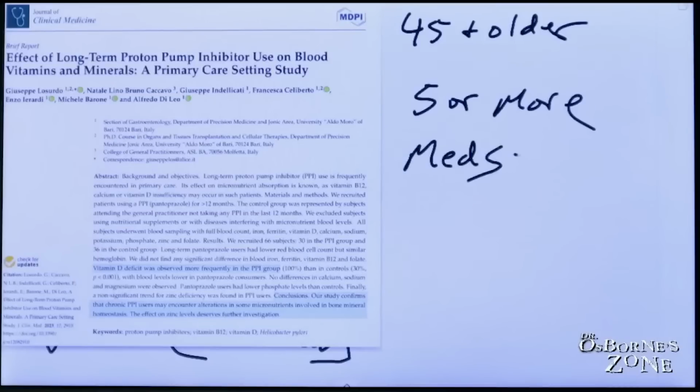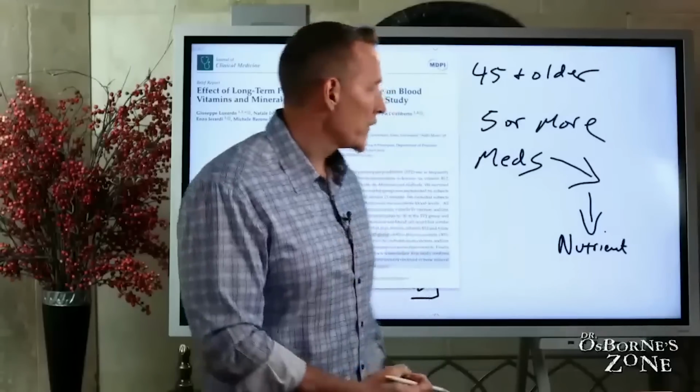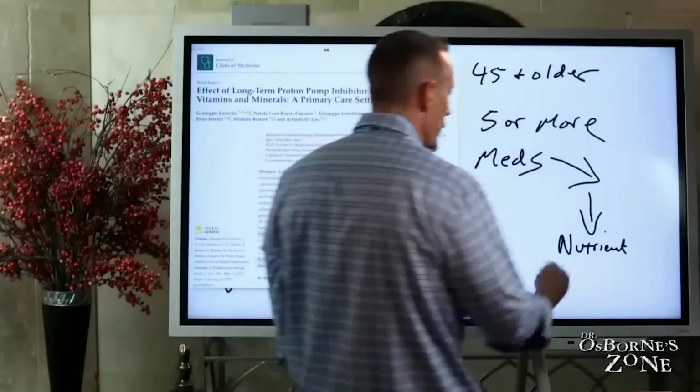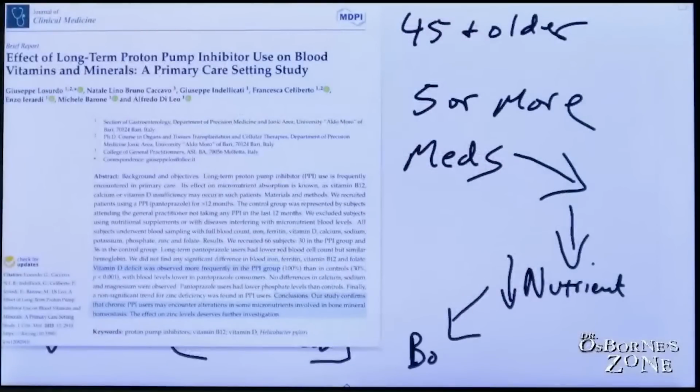Okay, so now we've got this spiral down of nutrition deficit. Now in this case, vitamin D and zinc, but you've also seen tonight evidence of calcium deficiency and potassium deficiency and other nutrients, B vitamin deficiencies. Now, in this case, these nutrient deficiencies contributing to bone health issues.